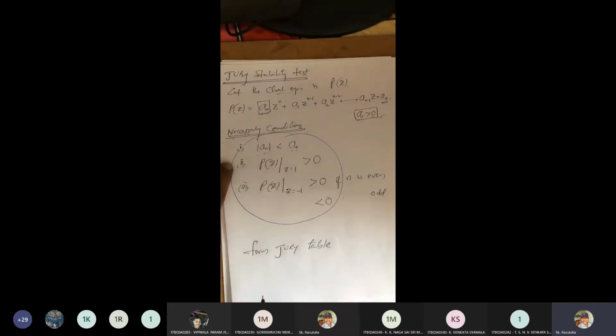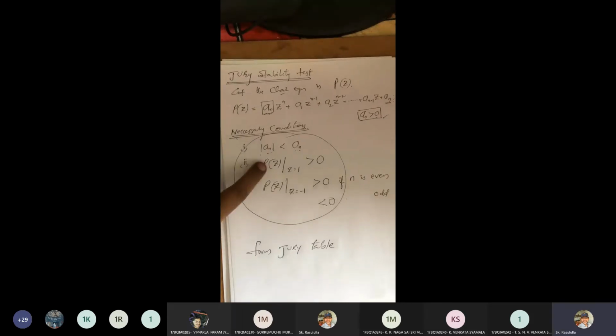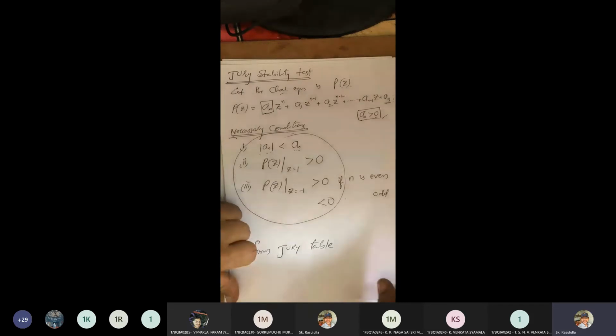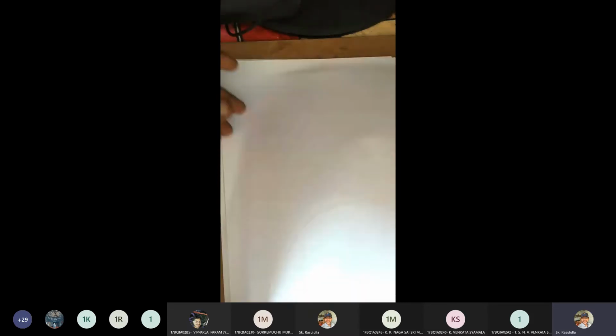Suppose out of these three conditions, any condition is not satisfied, then the system is definitely unstable. Only after all three conditions are satisfied will we go for the Jury table. Then let us see how the Jury table is written.